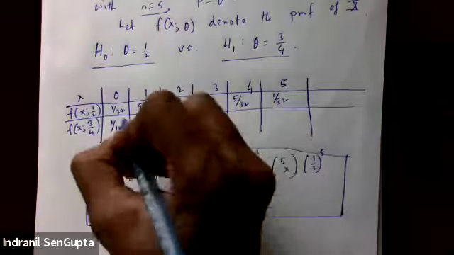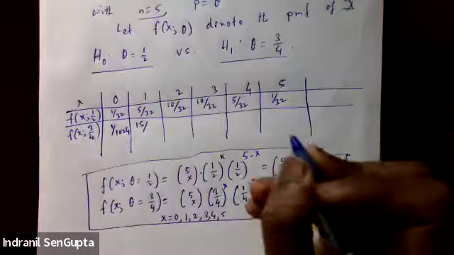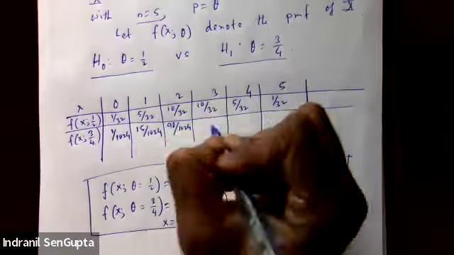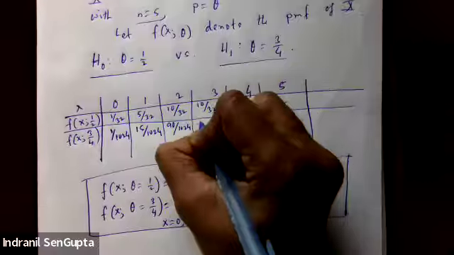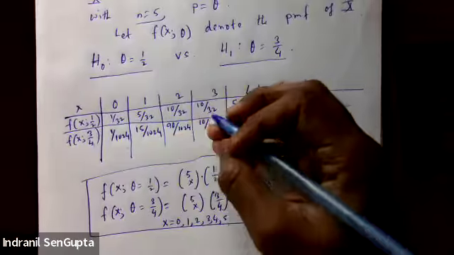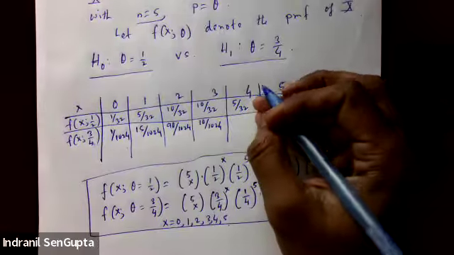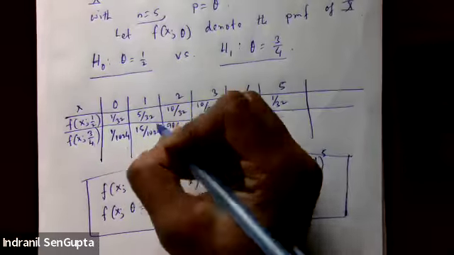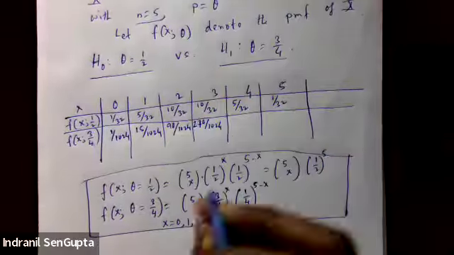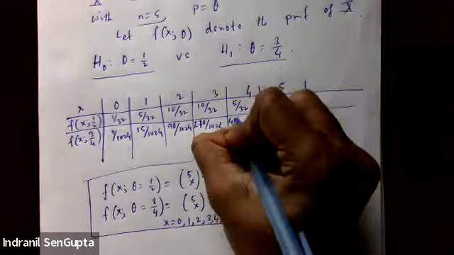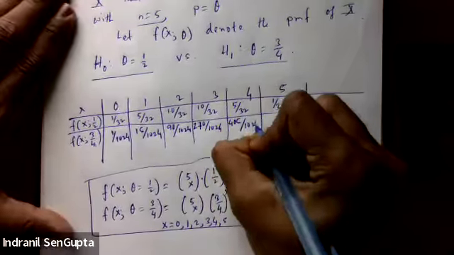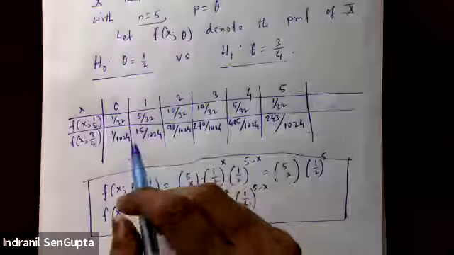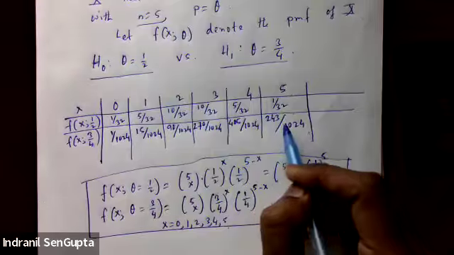Then it's 15 over 1024, then 90 over 1024, then 270 over 1024, then 405 over 1024, and finally 243 over 1024.